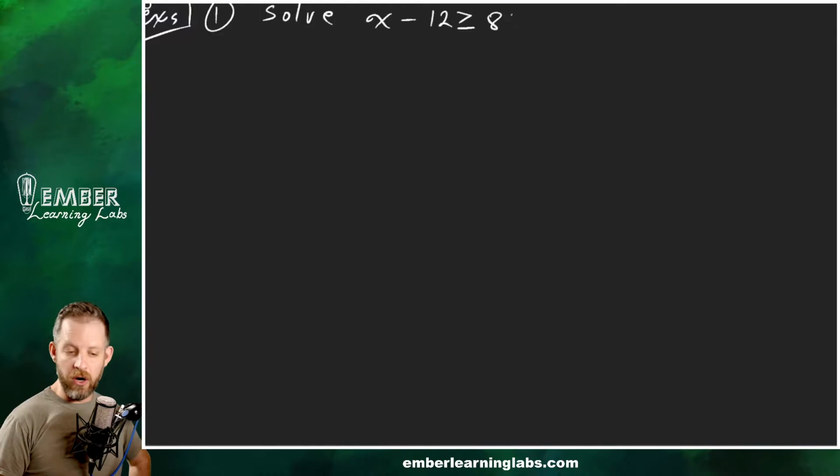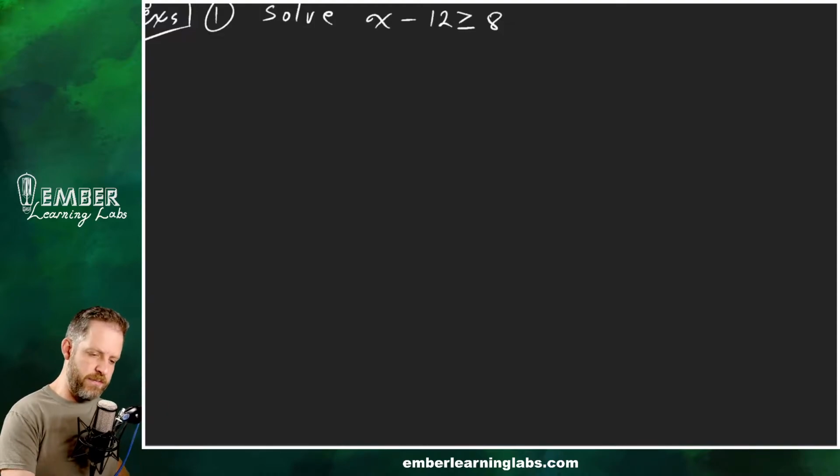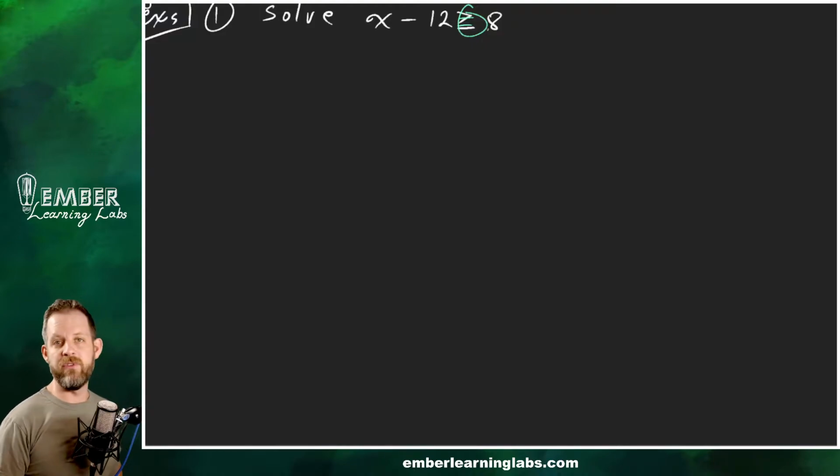Okay, so to solve an inequality, for the most part, we'll see some exceptions and a little bit of tweaking of some rules, but basically we pretend like this right here is just an equals, and we solve it just like we would do any other time with an equation, right?